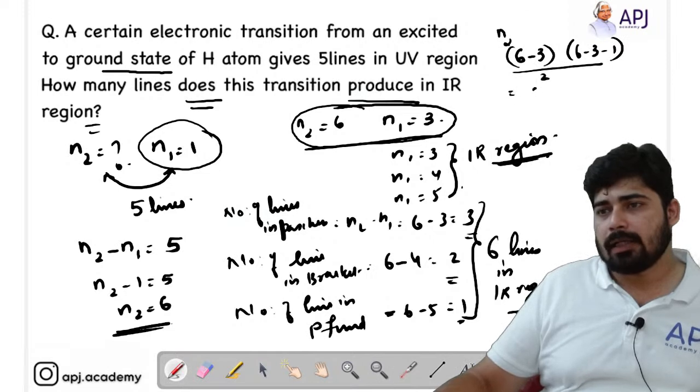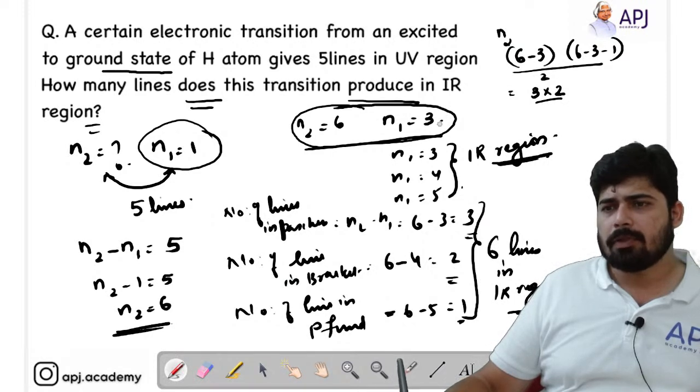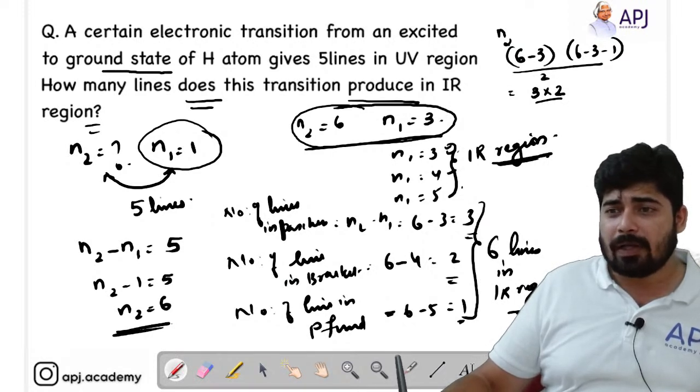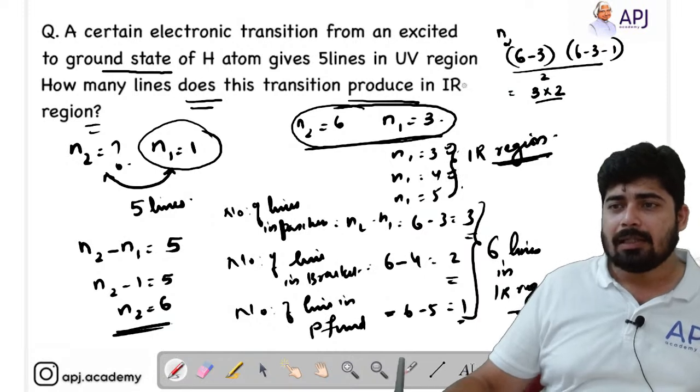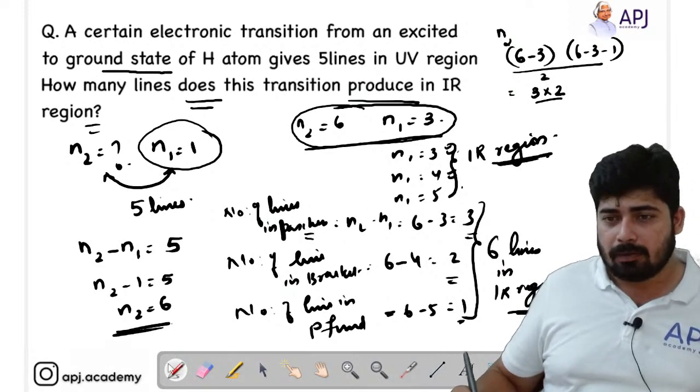So here you will be getting 3 into 2, 6 by 2, that is 3. So that formula cannot be used, right? So why can that not be used? Yes, we have to individually find out. If you use 3 here, then we are just getting the answer for the lines in the Paschen series. So we will not use that.